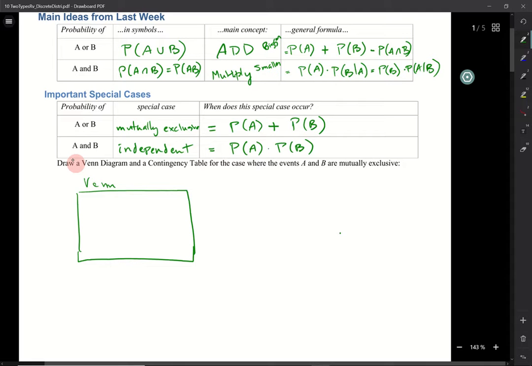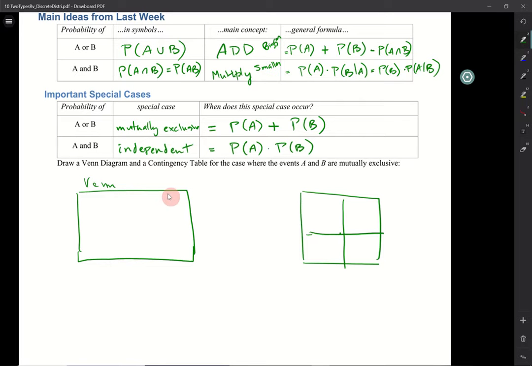The contingency table looks a little bit like a window, so we might start with that. Usually when you draw the Venn diagram, you have the overlapping circles, and there's a section that looks like a football maybe.